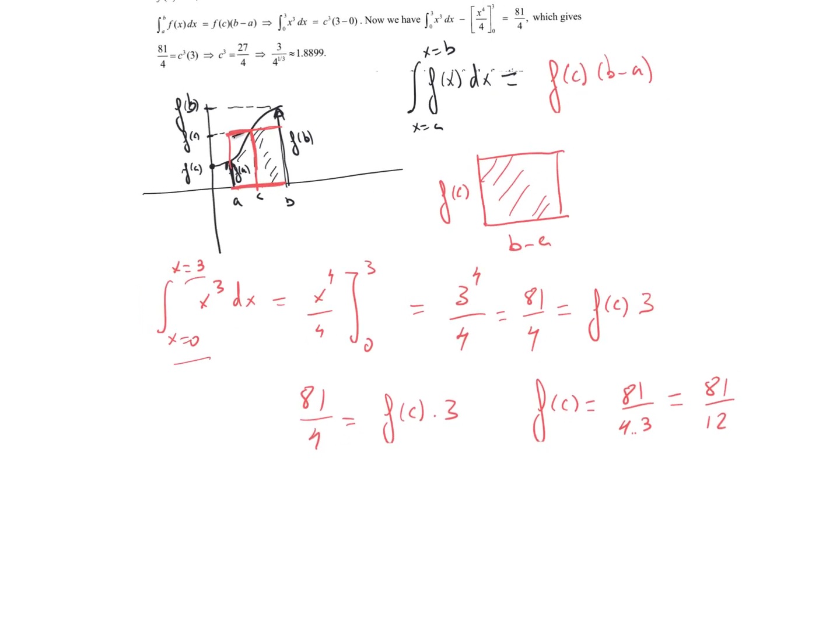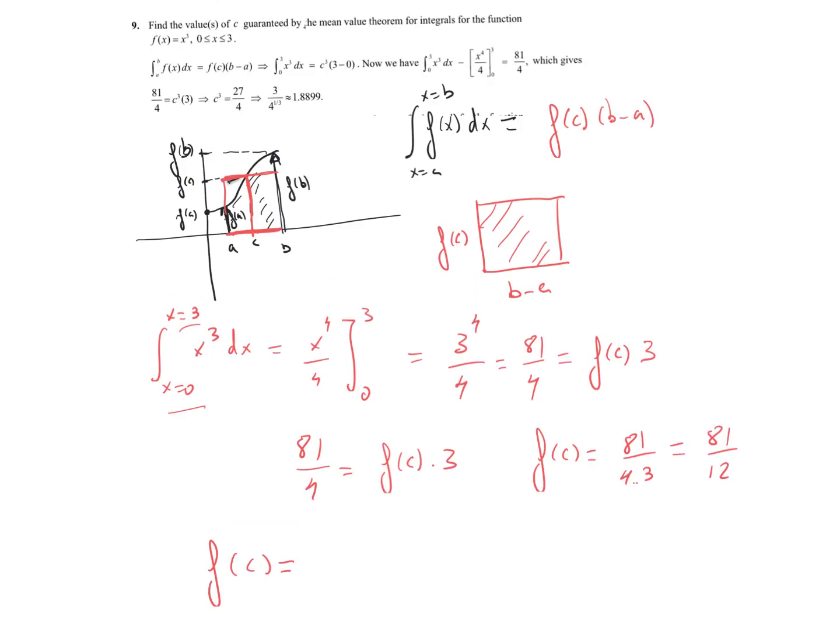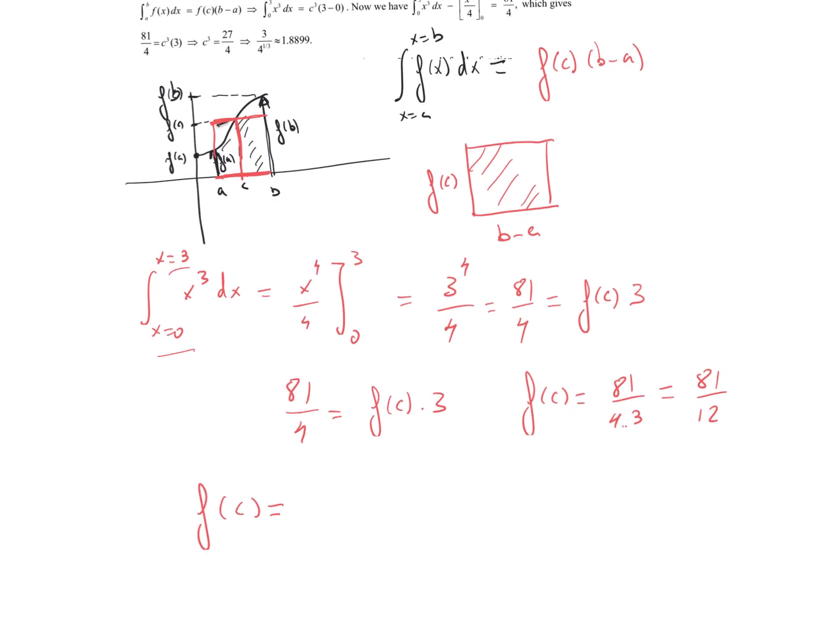So f of c is equal to what? f of c is equal to c cubed, because the function f of x is x cubed. So f of c is c cubed, and c cubed is 81 divided by 12.